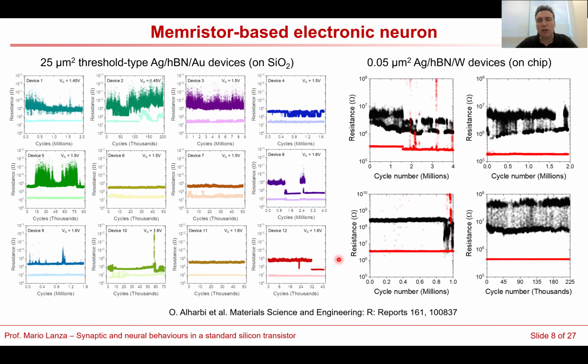Here you can see one example. In my lab, we have made different types of threshold type memristors, this kind of memristors that self-recover to emulate neurons. Here you can see two different proposals. The first one is 25 micrometer square silver boron nitride gold devices. We measured several devices.